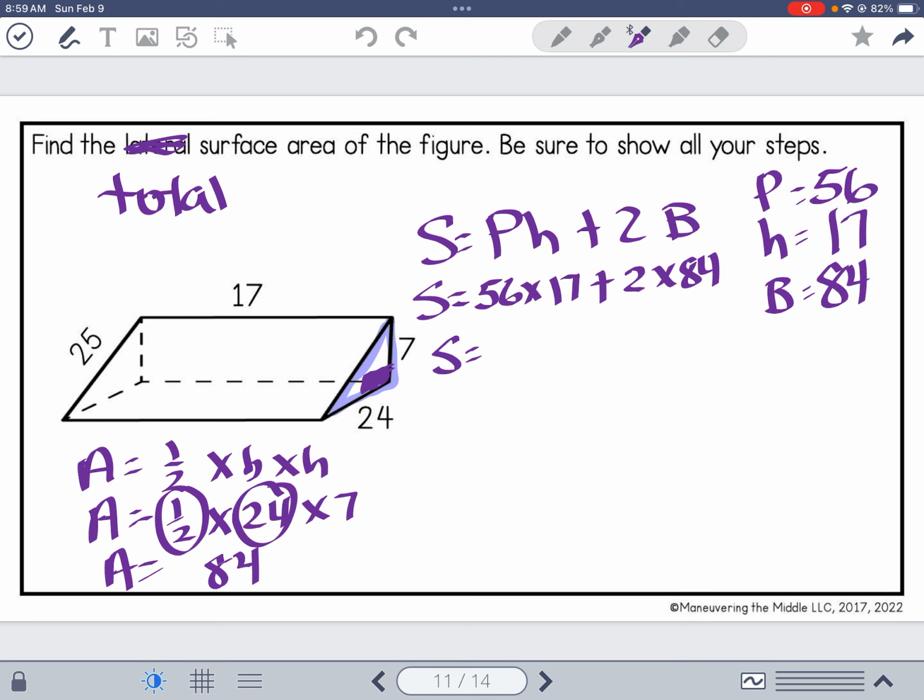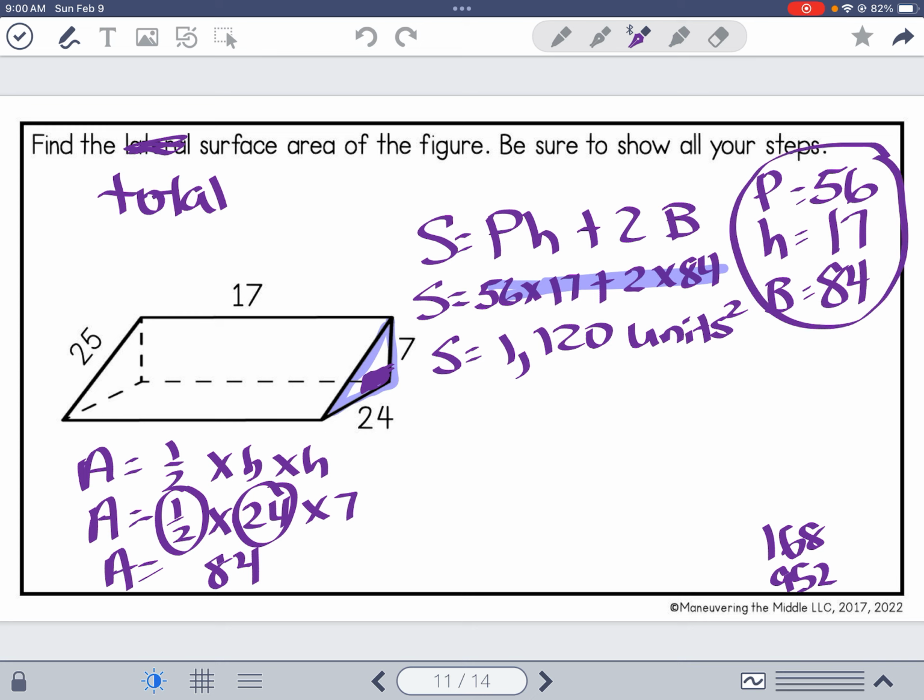So you do that, I'm going to do it, and we're going to make sure we get the same answer. Now, I'm not using the fancy calculator like you, so I have to write down these numbers. You should have gotten 1,120 units squared. Notice there's no ugliness here because all your ugliness was done here in your work.